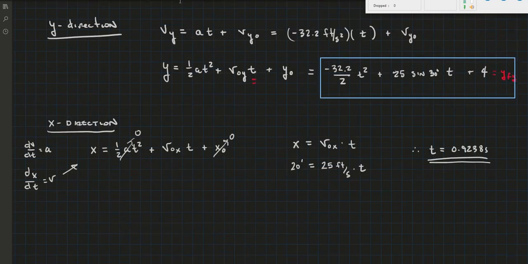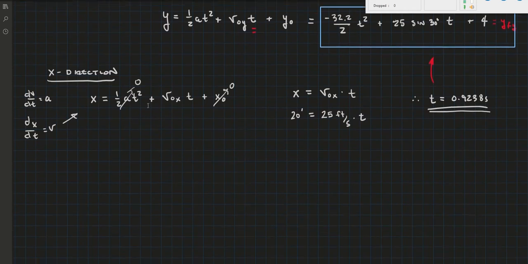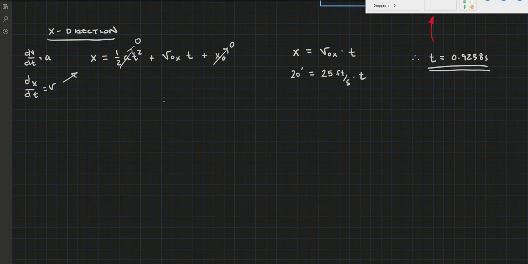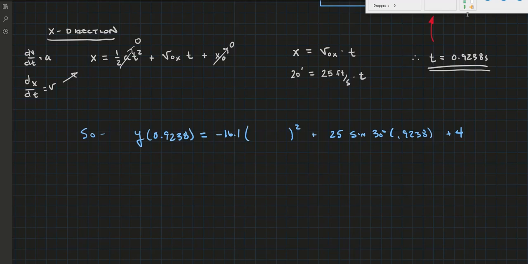So now I can take this t and substitute it up here and figure out what y is. We just substitute in 0.9238 where needed, here and here, here and here, and y, the height, equals 1.81 feet. Then our result.